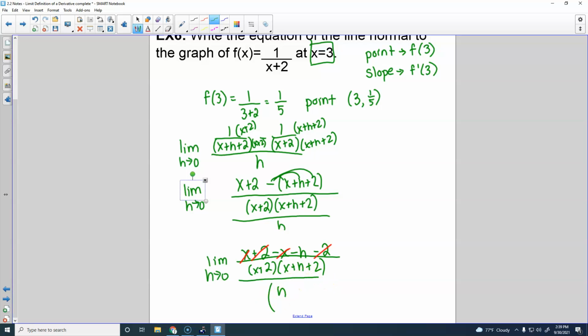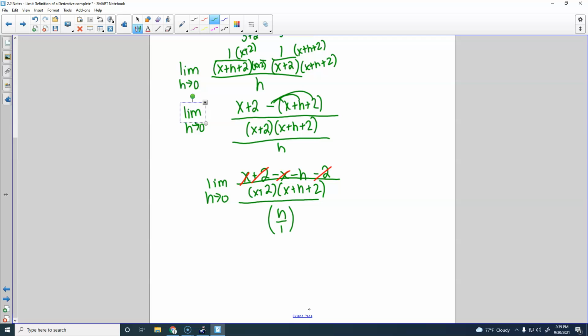So this is negative h over 1, and dividing fractions is easy as pie. Flip the second and multiply. So I've got negative h over (x plus 2)(x plus h plus 2) times 1 over h. The h cancels. Since the h cancels, we can plug in.